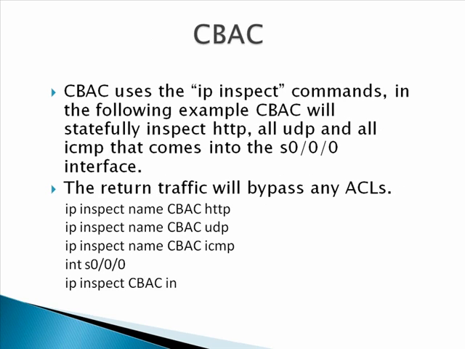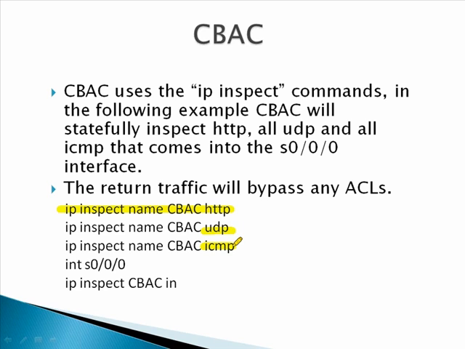Okay, so here's the configuration part of CBAC. Like I mentioned, it's super simple from a basic standpoint. IP inspect name CBAC. So I gave the inspection rule a name, and I inspected HTTP. I inspected UDP.